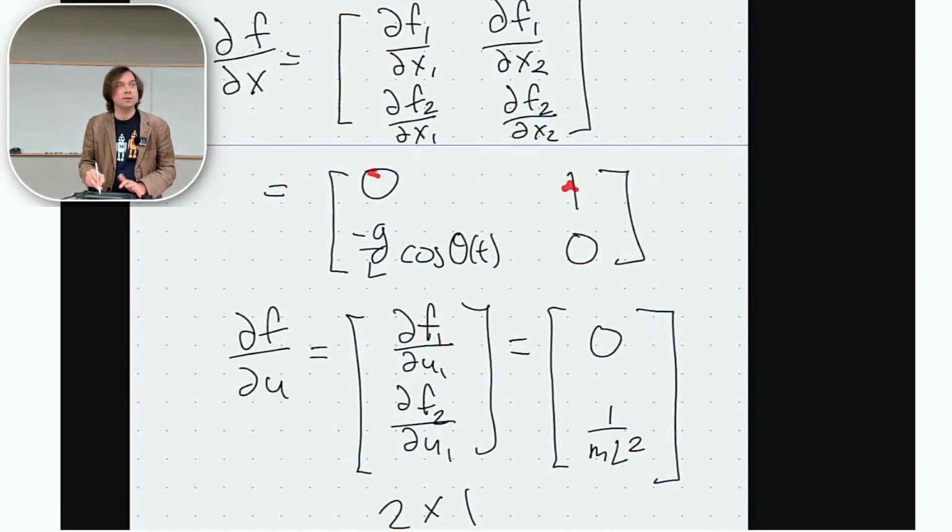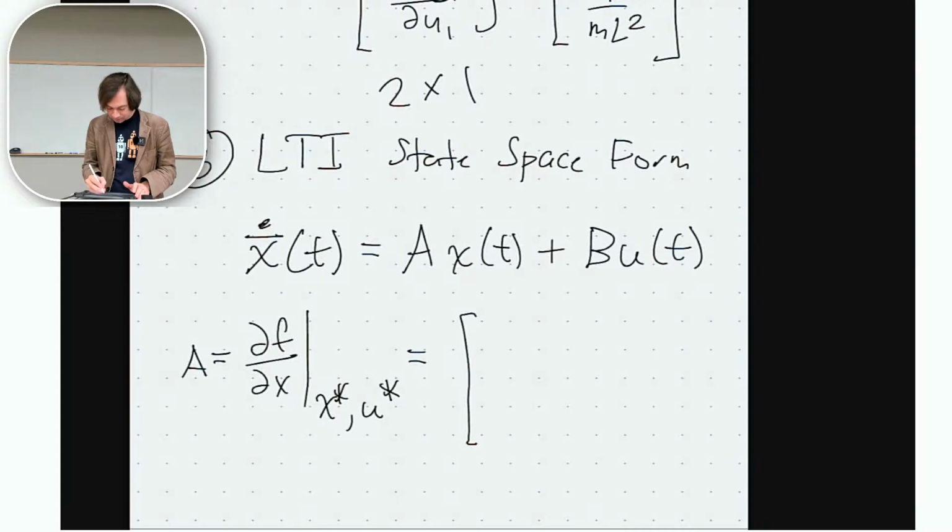0, 1. Nothing to substitute there. 0, 1, 0. When theta equals 0, you have the cosine of 0. Trig friends, what's cosine of 0? 1. So it's going to be minus g over L times 1. So 0, 1, minus g over L, and 0.